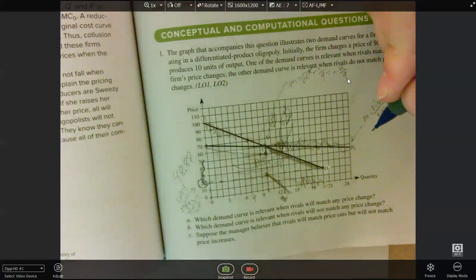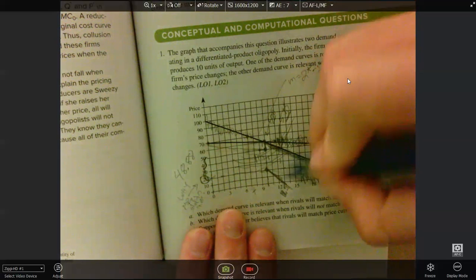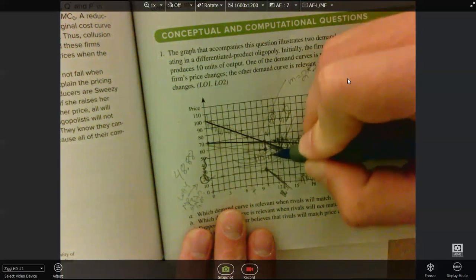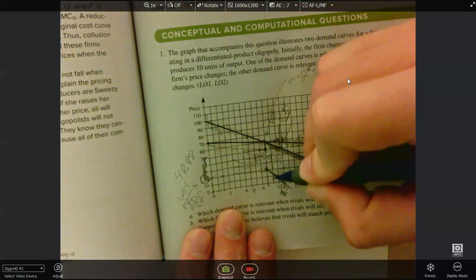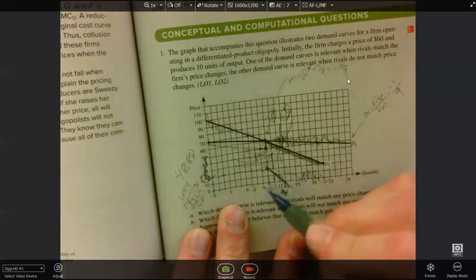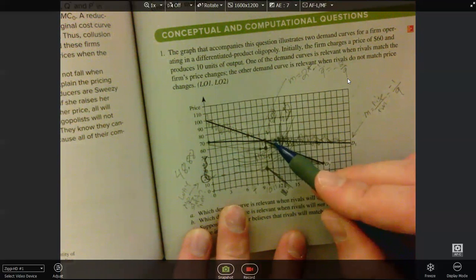So the marginal revenue, when we go from making 10 units to 11 units, we can actually calculate. This is 10, this is 11. It's 10 times 60, so it's 600. Then 11 times, we're not on that curve, we're on this curve, 55, right?